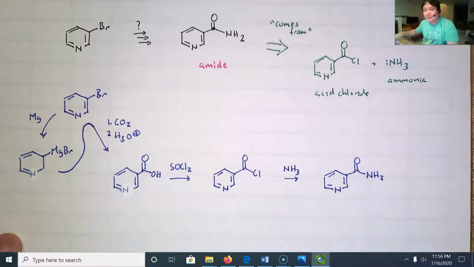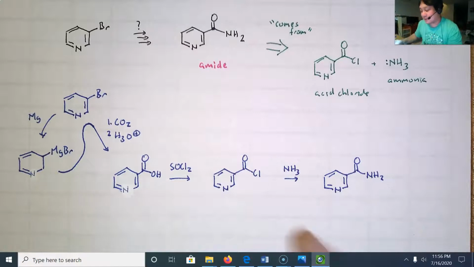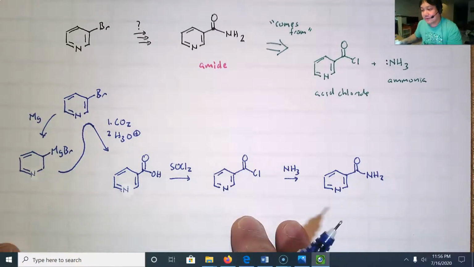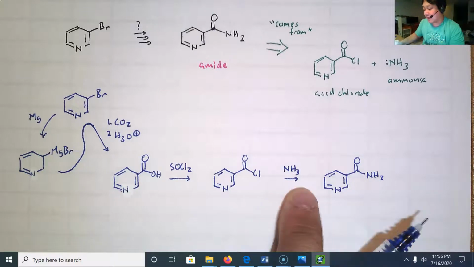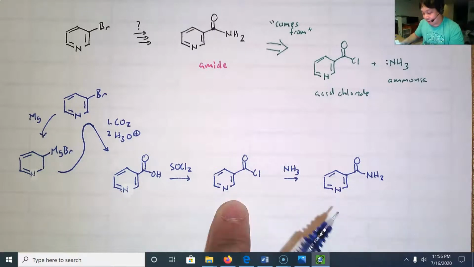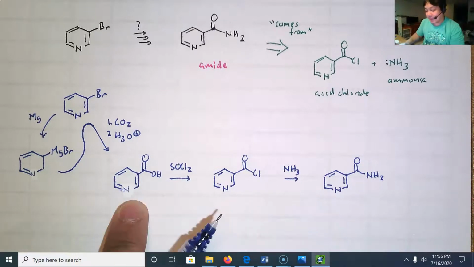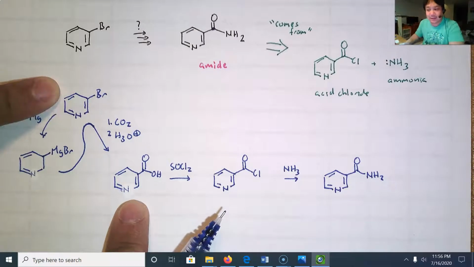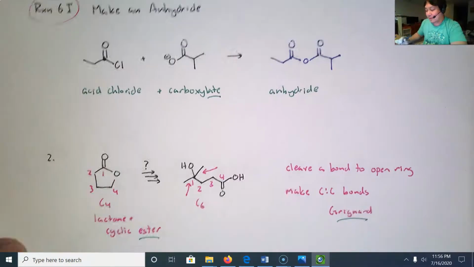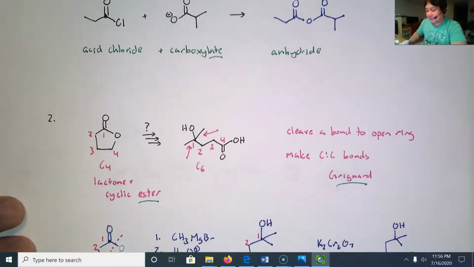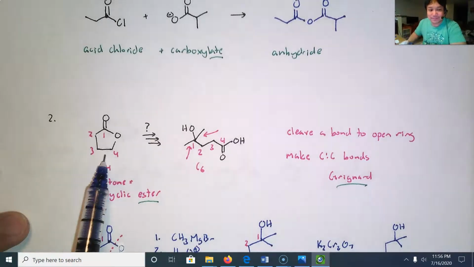This is longer, but to tell you the truth, this is actually easier because there was literally a reaction that told us how to make an amide, how to make an acid chloride, how to make a carboxylic acid from an alkyl halide. I think this is easier than this because, truthfully, this ring messes people up.